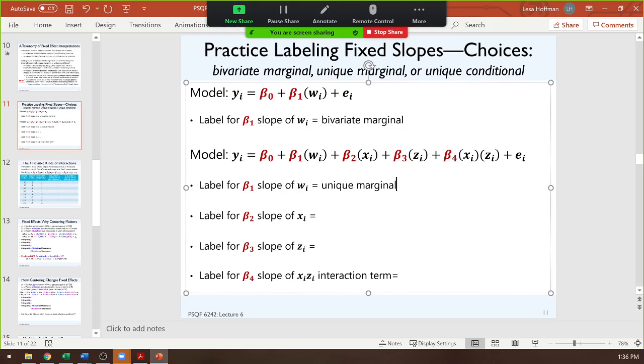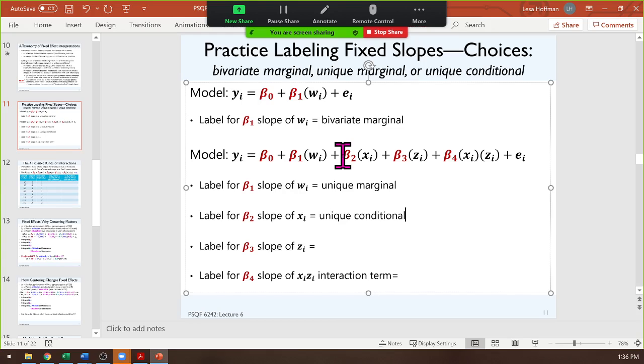Doesn't matter who you are, your slope for W is beta 1. In contrast, the effect of X. Do you see X anywhere else in this model? So that means it has to be unique conditional.